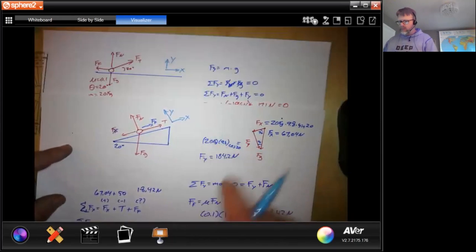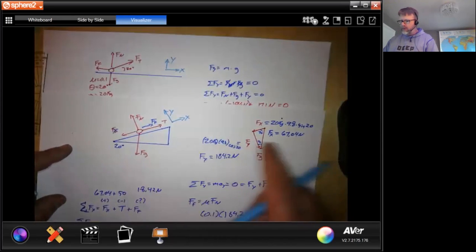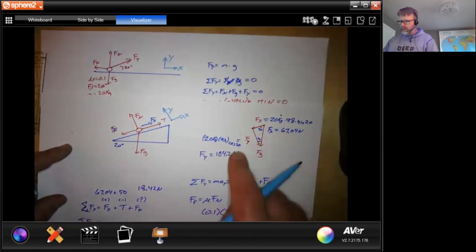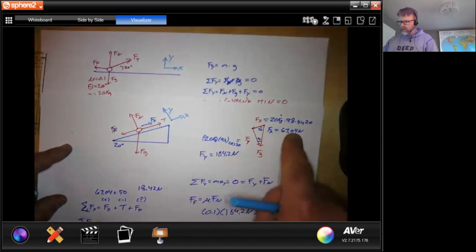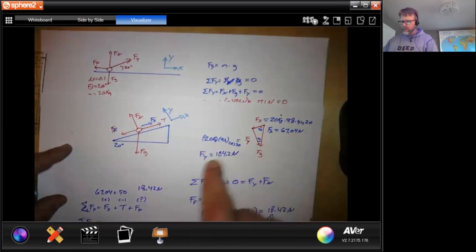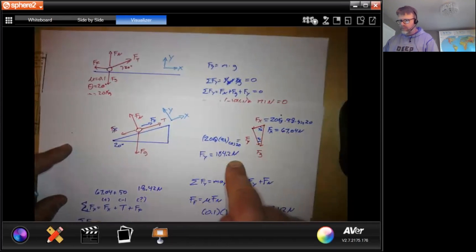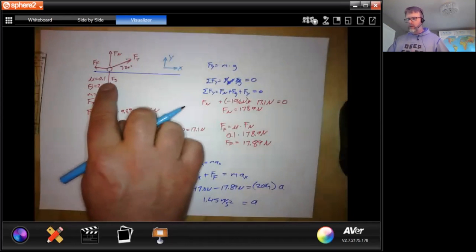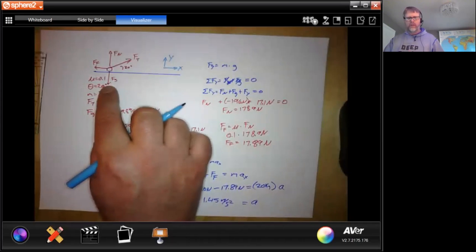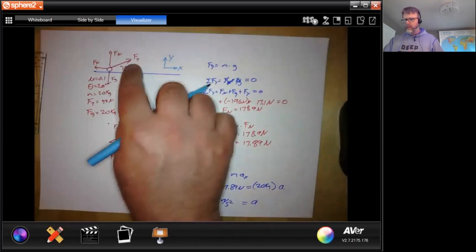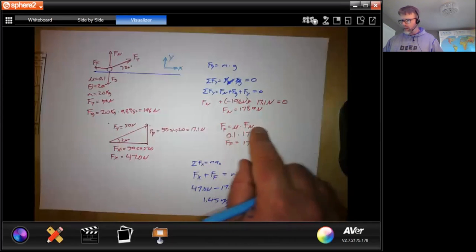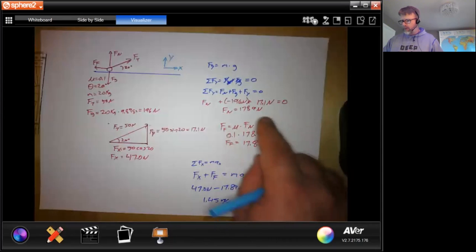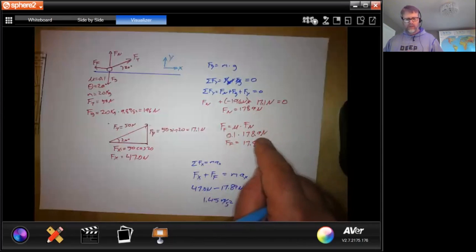That's important because when I did that one, I had to take gravity and break it into components parallel to the surface and perpendicular to the surface. With this one, gravity was already perpendicular to the surface, so I had to take the string and break it up into parallel and perpendicular pieces.